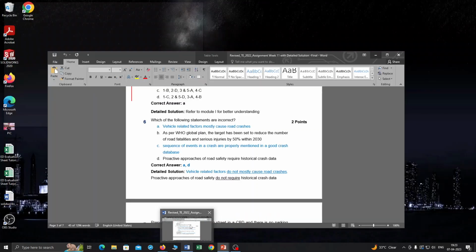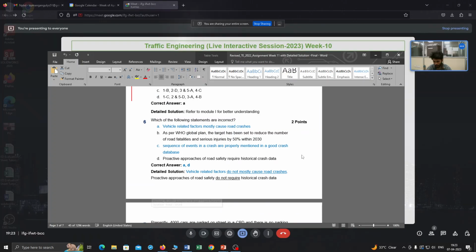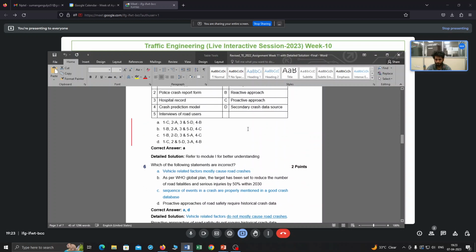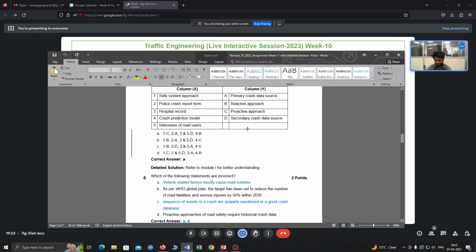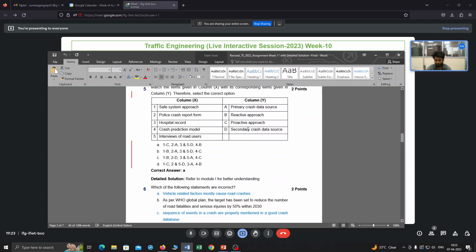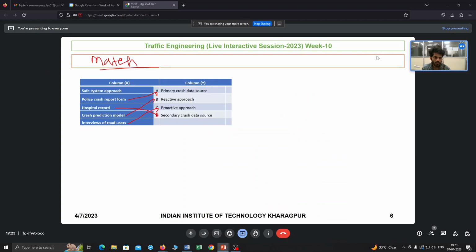Is it proactive or reactive? That has to be known. Actually the safe system approach is a proactive approach.